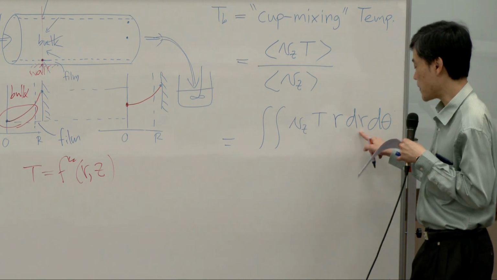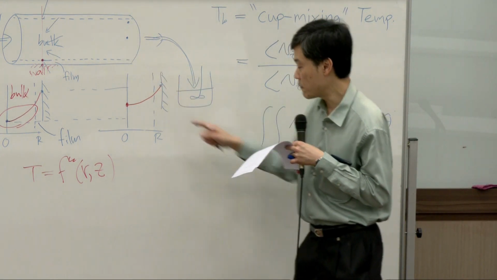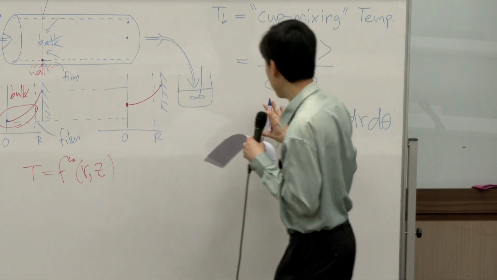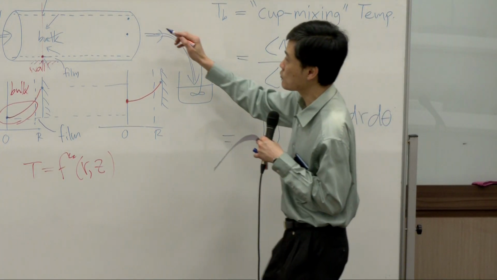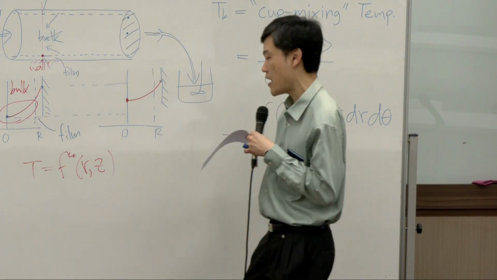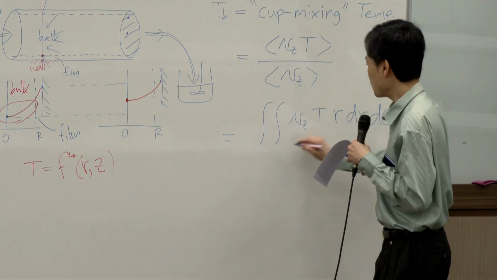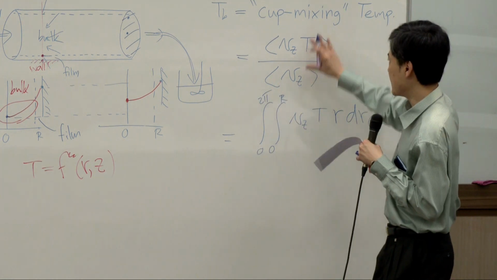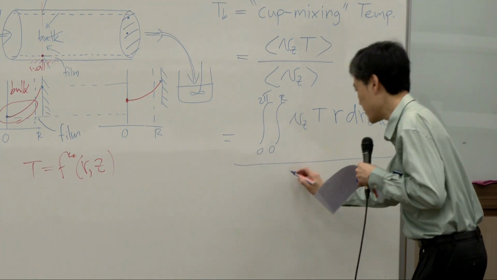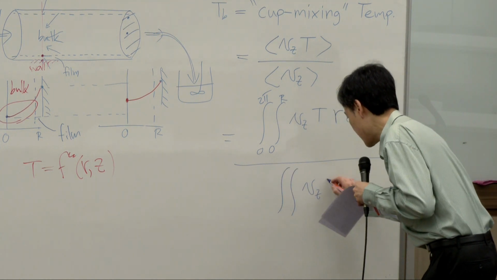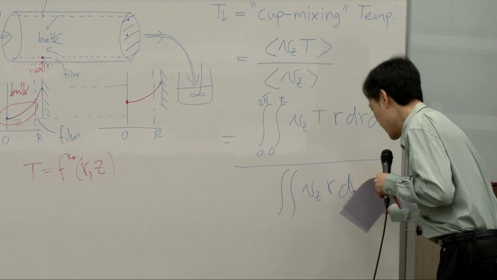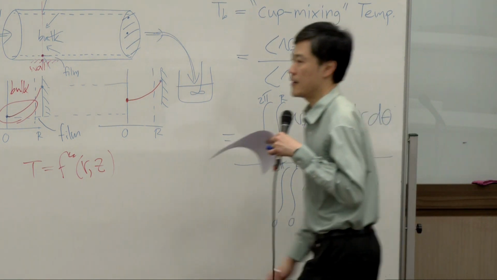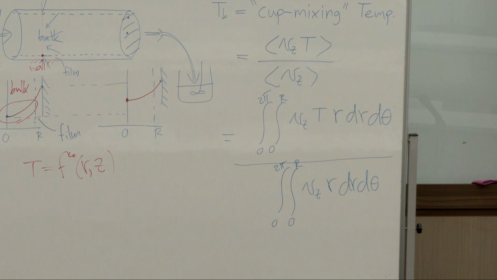When you integrate with respect to dr, that means you integrate from center to the wall. When you integrate with respect to theta, that means you integrate for all angles. Eventually, for this double integration, you try to find the average across this cross-section area. So r would go from 0 to R, and theta would go from 0 to 2 pi. That's the numerator. For the denominator, it's basically average velocity, Vz times r, dr d theta, from 0 to capital R and 0 to 2 pi. That's the definition of cup mixing temperature.